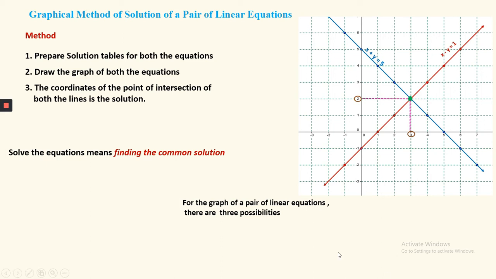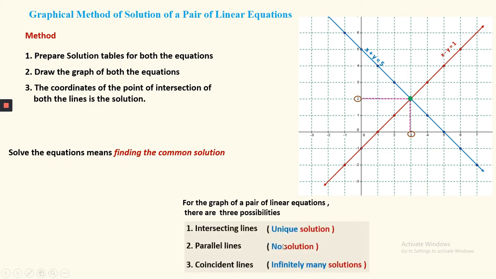For the graph of a pair of linear equations, there are three possibilities that we have already discussed. Where the lines are intersecting, we observe that it has a unique solution. When the lines are parallel, it has no solution.